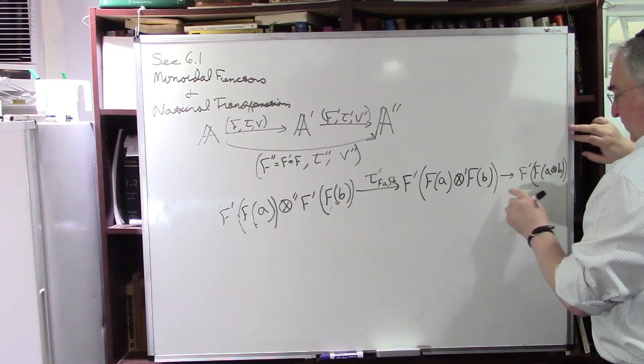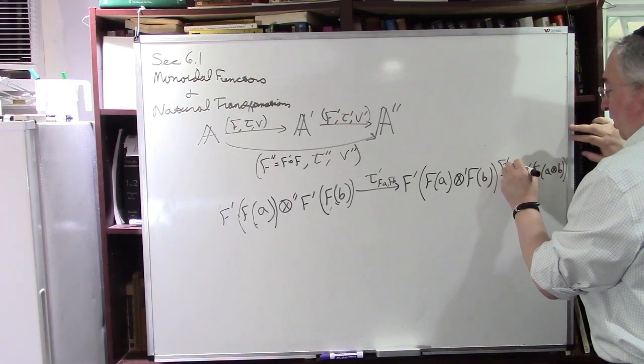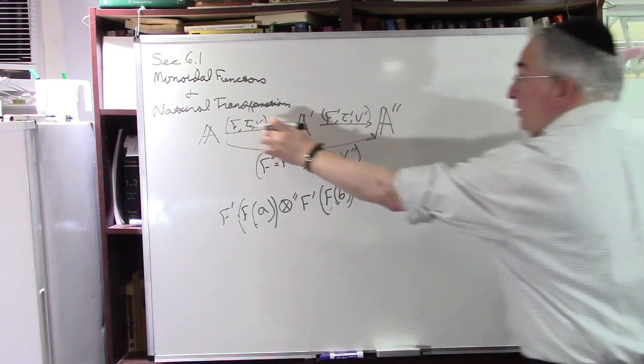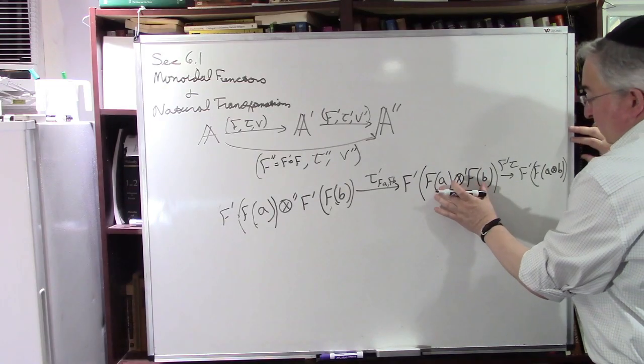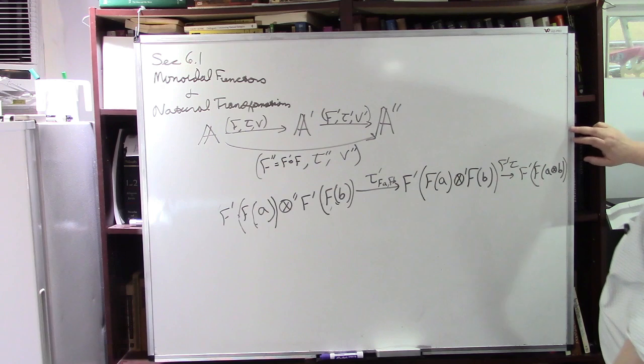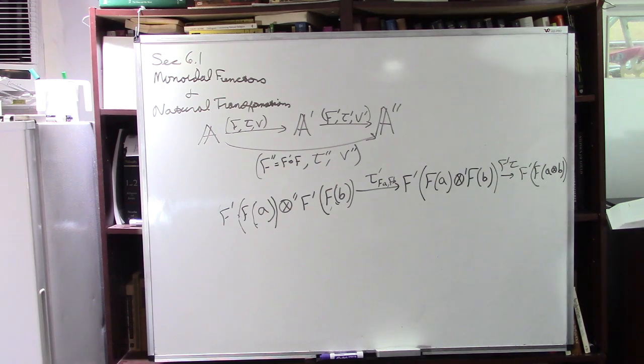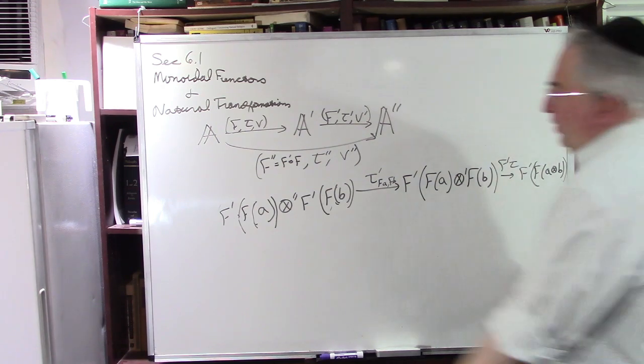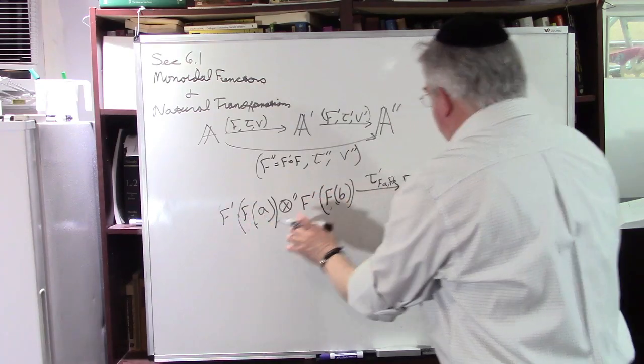Okay, now so what's this? This is F prime of tau, this tau. This is bringing these two things together into one. Okay, so we had two of them, we bring them together.